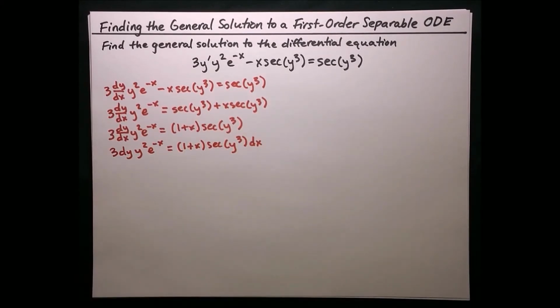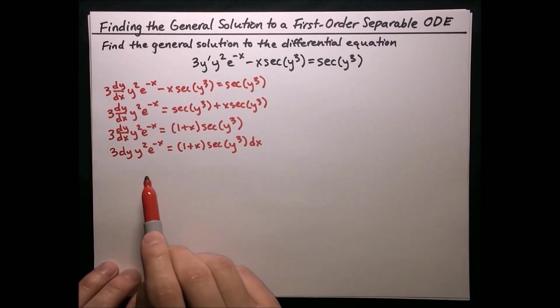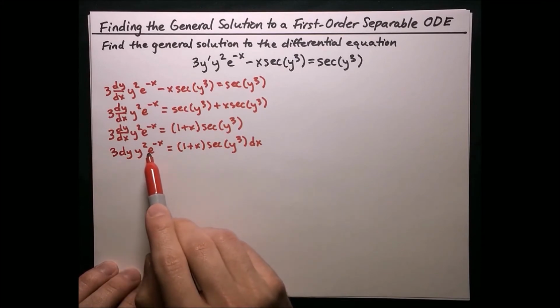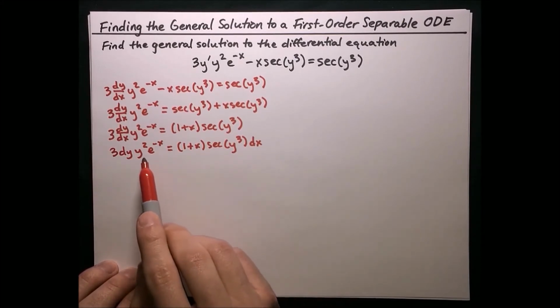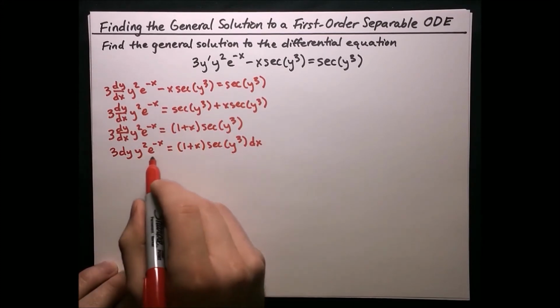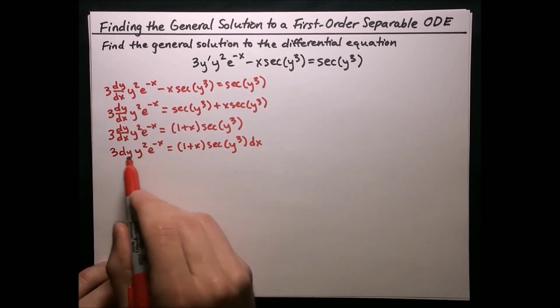And now we want to get x and y on their own sides. So let's start off by trying to get all of the y's on this side. So we'll move that e to the negative x to the other side. We'll multiply both sides by e to the positive x.